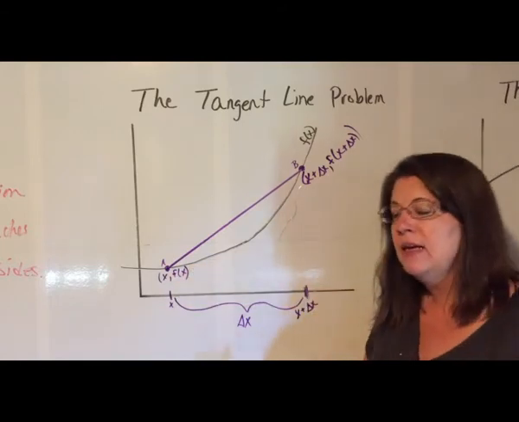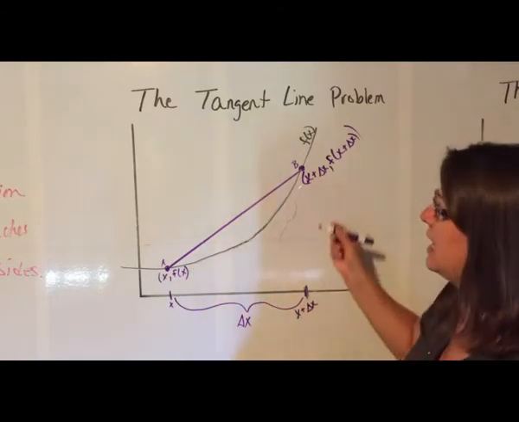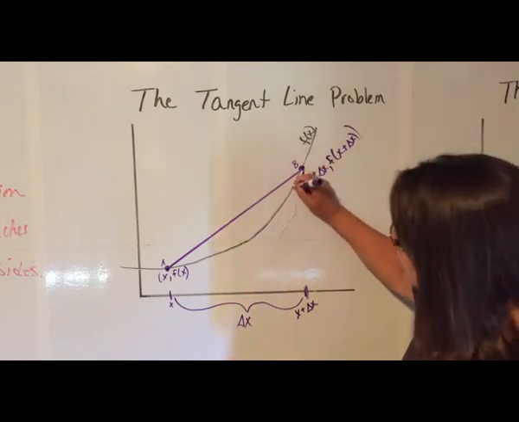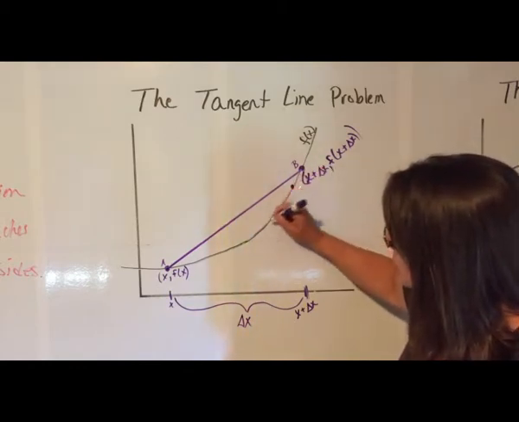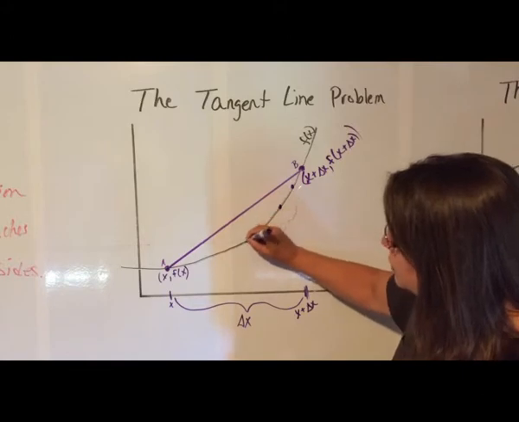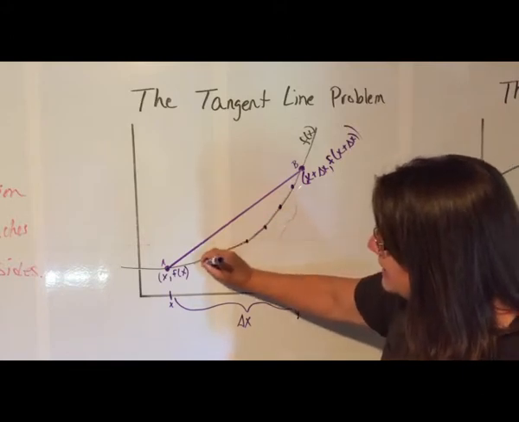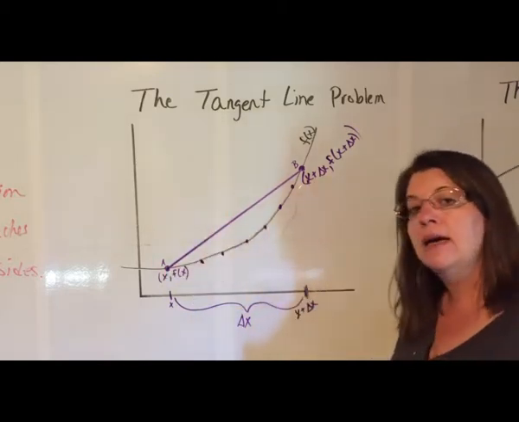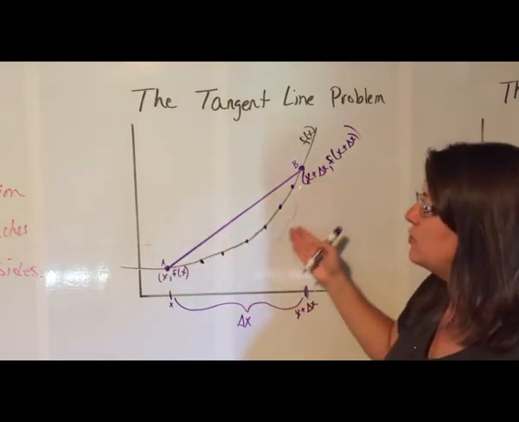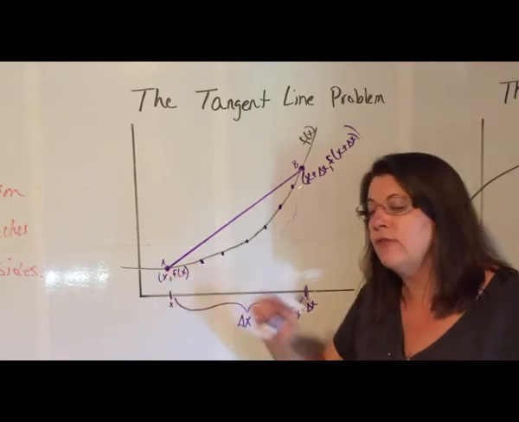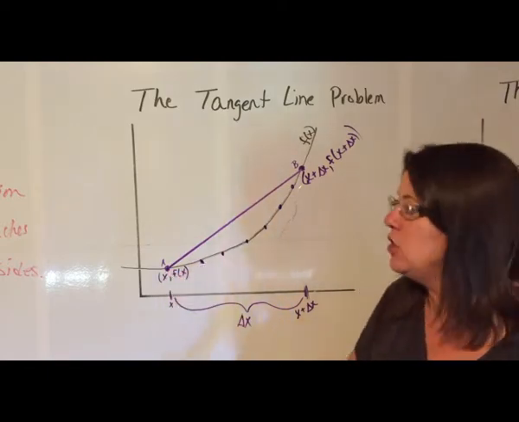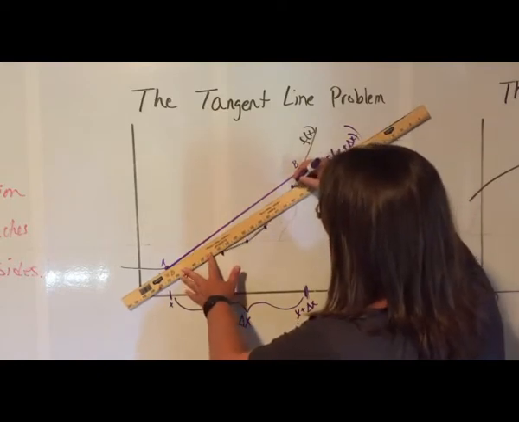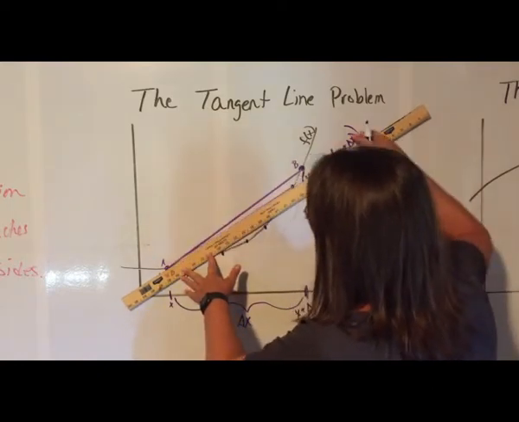And basically the principle here is that as we move this point B closer and closer to point A, then the slopes between A and B are approaching the actual slope at A. Now you can kind of see that if you just draw those secant lines.